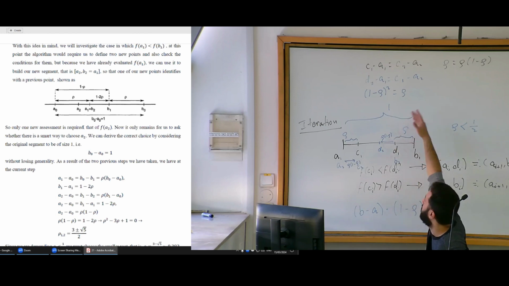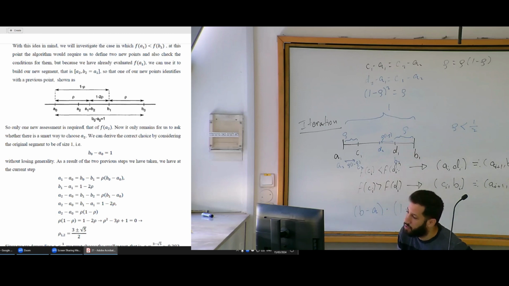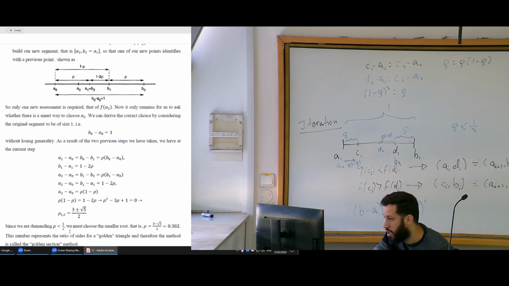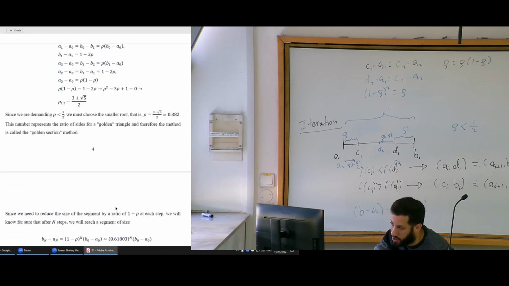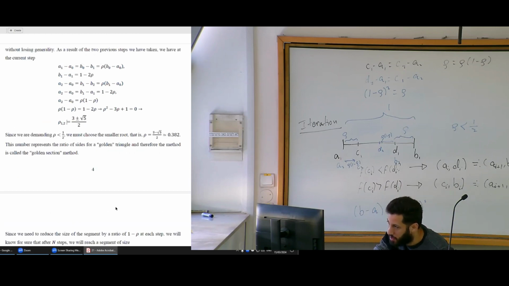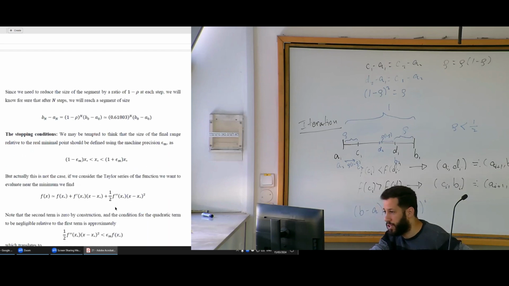So if we write the equations in another way, using 1 minus rho, not using rho, we will see that the golden ratio, which is 1 plus square root of 5 divided by 2, will arise. That's the reason why we call it the golden ratio.